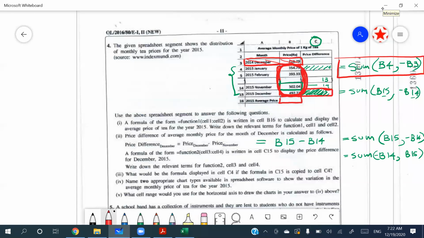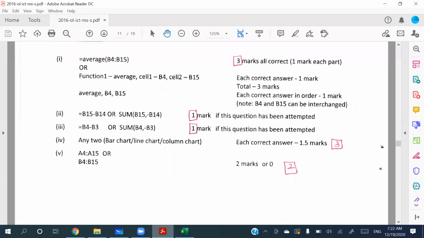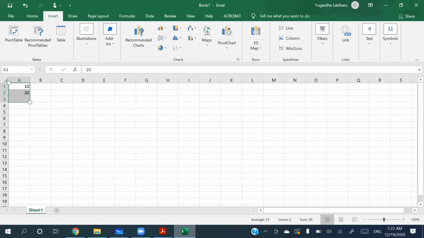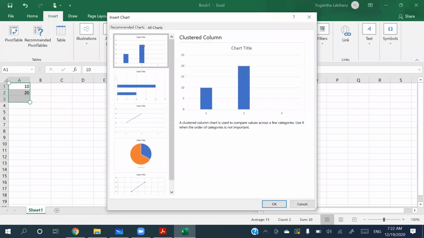Okay, so they ask to name two appropriate chart types available in spreadsheet software to show the variation in the average monthly price of tea for 2015. Now, people, be very careful, right? In the answers, it says bar chart, line chart, column chart, right? And I think we can recommend some of the others as well.